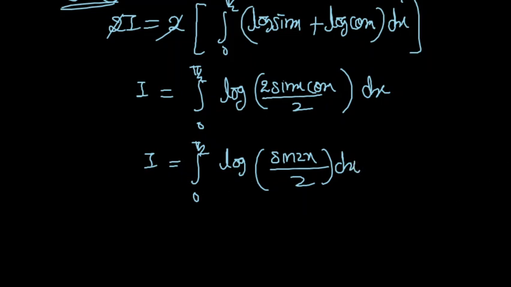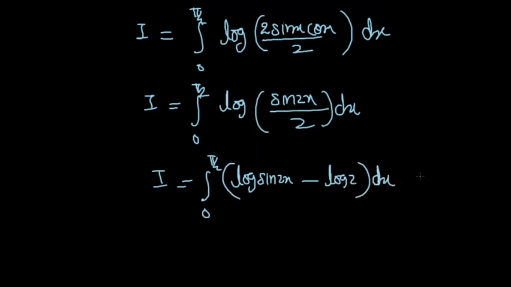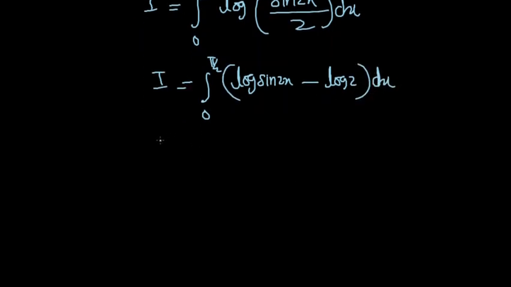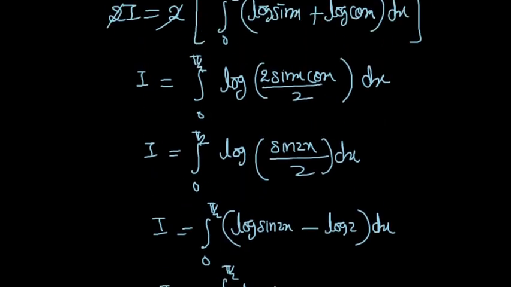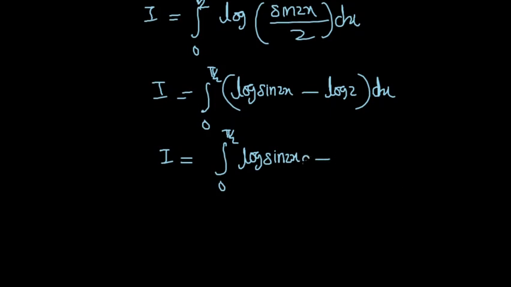Once again we have the form log a by b is log a minus log b, whole dx. So I is equal to integral 0 to pi by 2 of log sin 2x dx minus integral 0 to pi by 2 of log 2 dx.